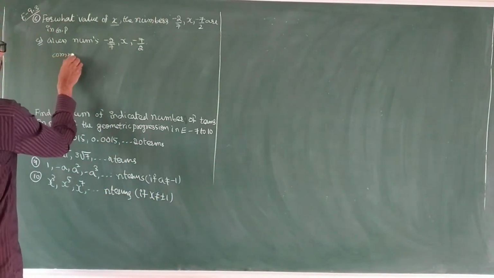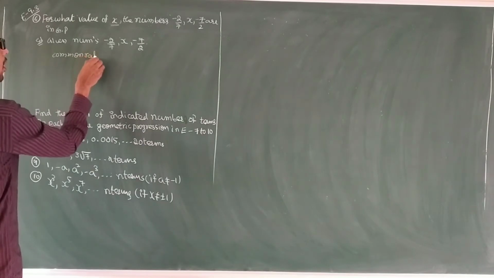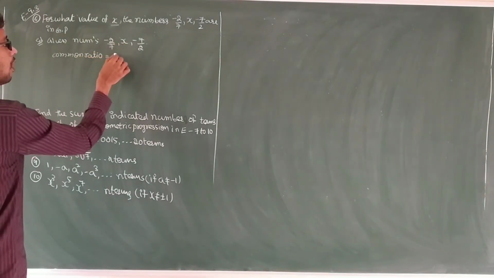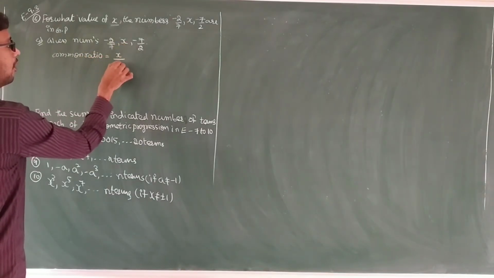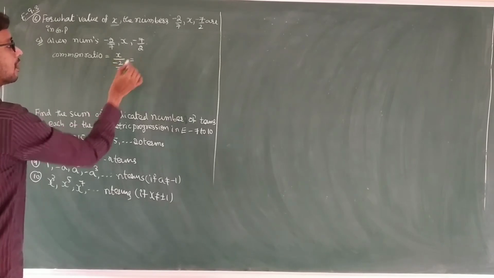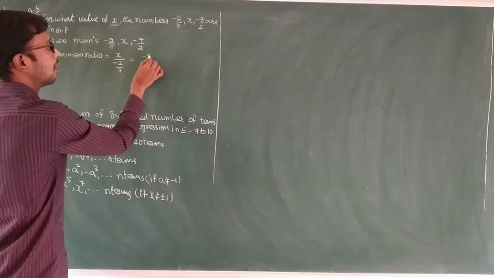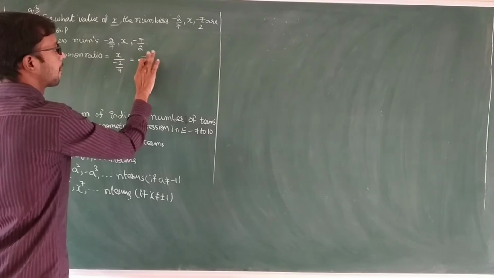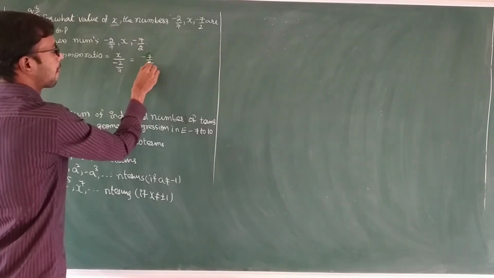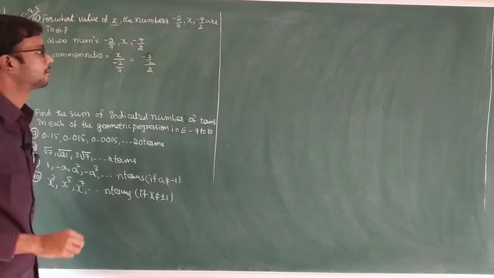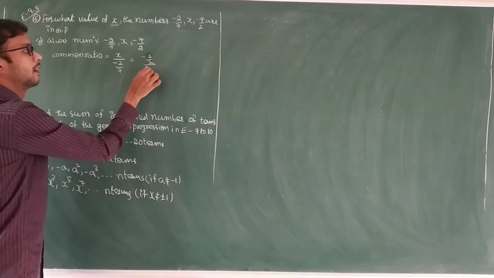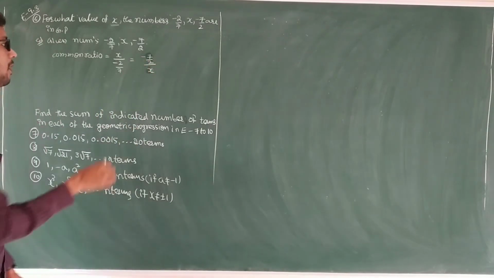Common ratio is equal to second term by first term, which is equal to third term by second term. So simplify this one.